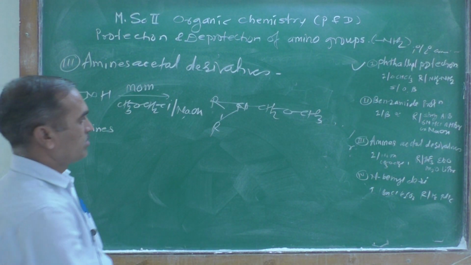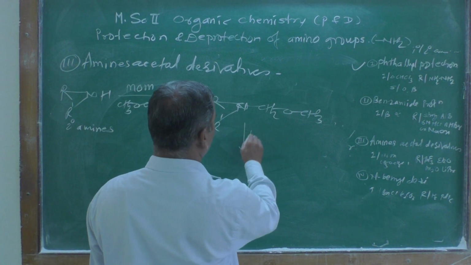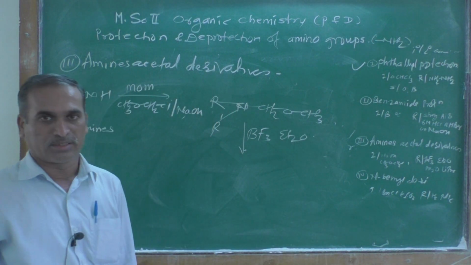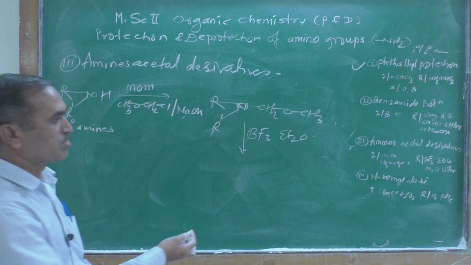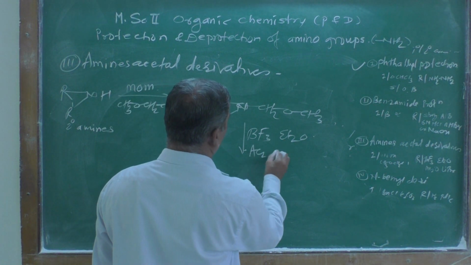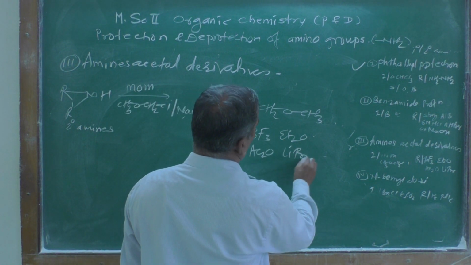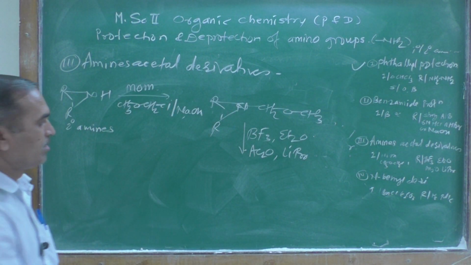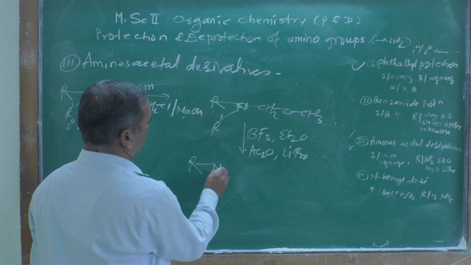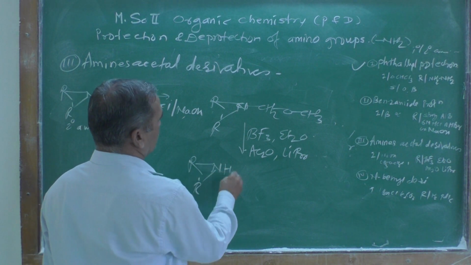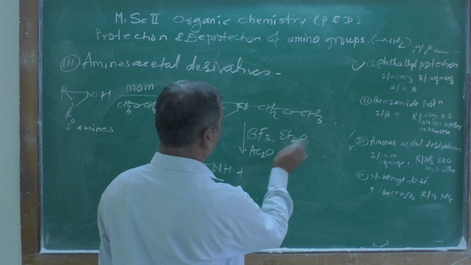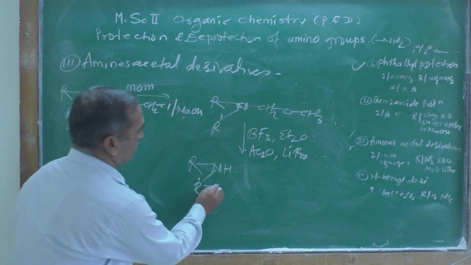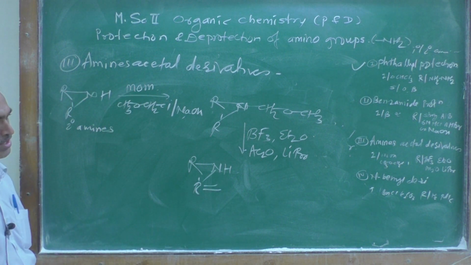This will be removed if you use BF3, a Lewis acid, in presence of diethyl ether, or acetic acid in presence of lithium bromide, and you will get the deprotection very easily. We will get R-NH-R' plus some side product, but our main product is generated here.